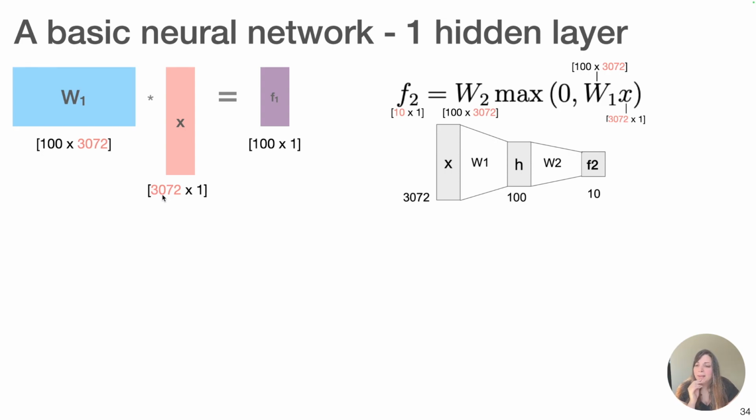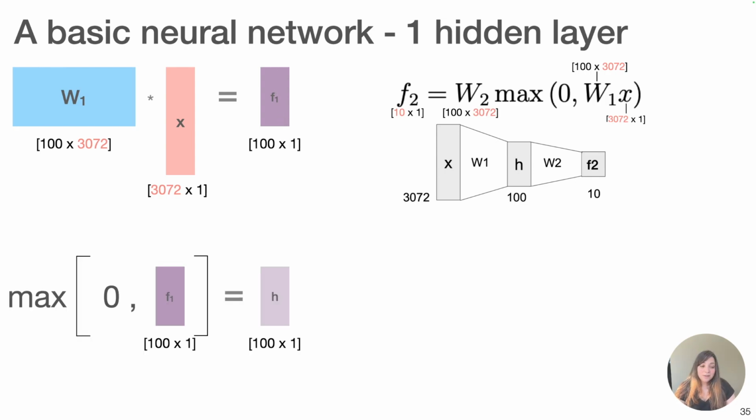And so this number we can't change. However, this number 100 is something that we choose. This is going to turn out to be the size of the hidden layer, and you are free to choose this number. Usually you would take something from an existing architecture for inspiration, but this is something you can totally experiment with. So in this case, we're going to have 100 dimensions on the hidden layer. That's the first computation, and it gives us a vector F1, which is 100 by 1, so 100 rows and 1 column.